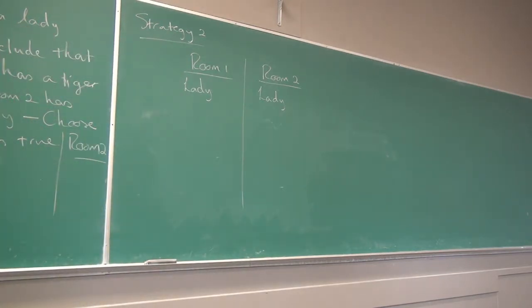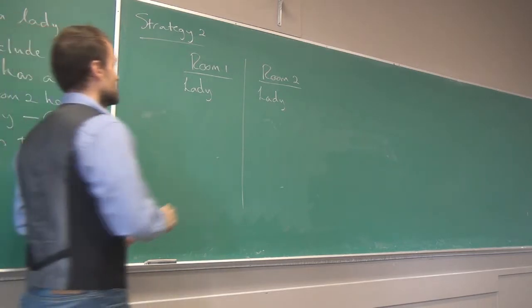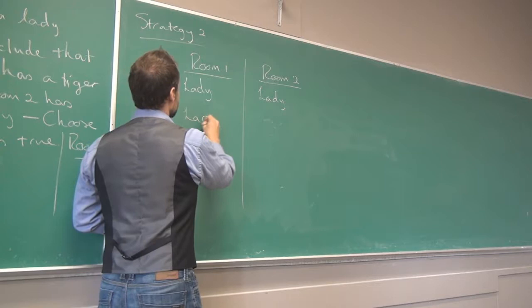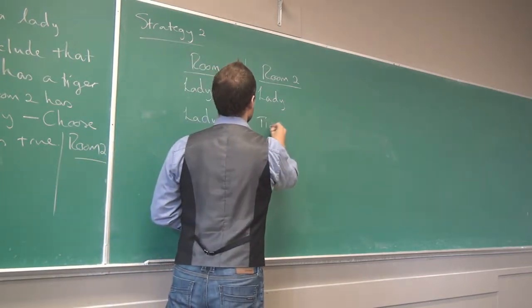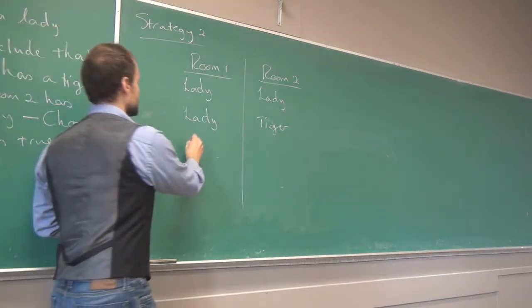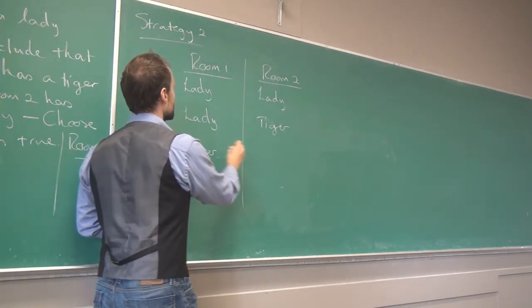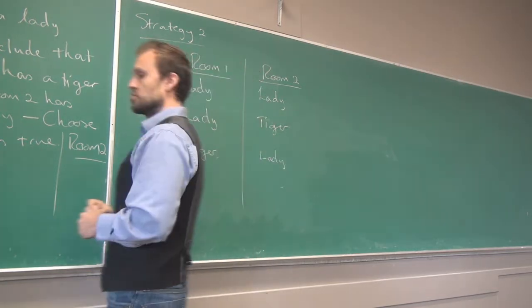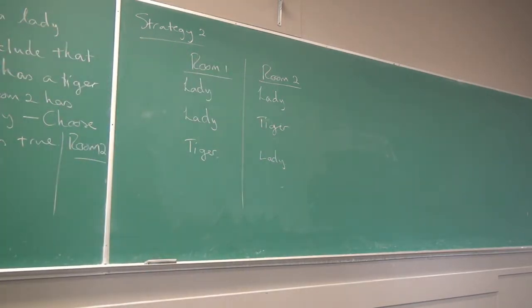And I can't say that that doesn't happen. There's nothing that tells me that that can't happen. So I have to consider that possibility, as unlikely as it may seem. Or I could have a mix. I could have a lady and a tiger this way, or they could be the other way. There could be a tiger in room 1 and a lady in room 2. Is there any possibility missing?